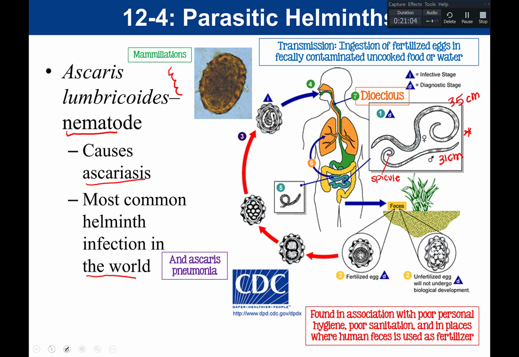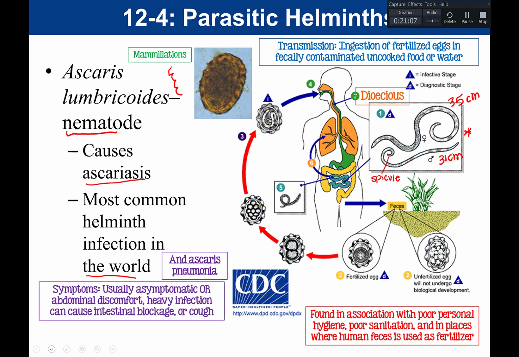In terms of the symptoms, patients are usually asymptomatic. If symptoms do occur, they can be light, and they include abdominal discomfort. Heavy infections can lead to intestinal blockage. So this could lead to a severe case where there's so many worms in the intestine that it prevents food from moving through the intestines. And this can also lead to impaired growth in children.